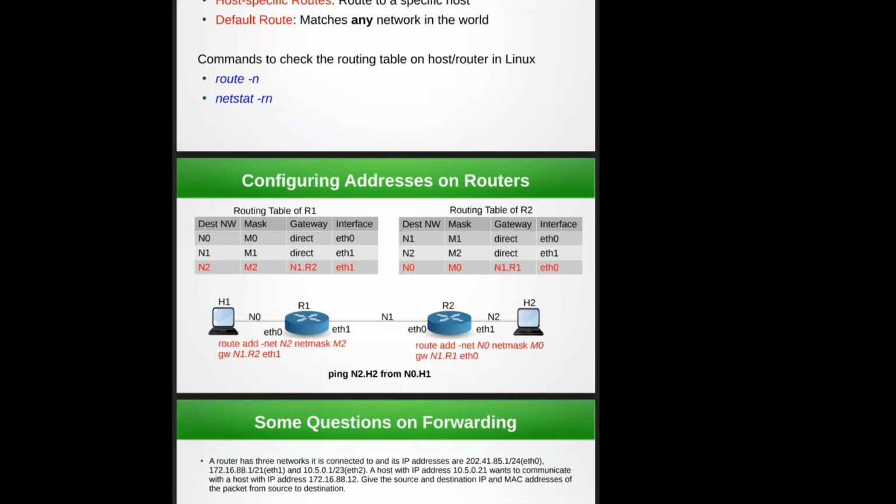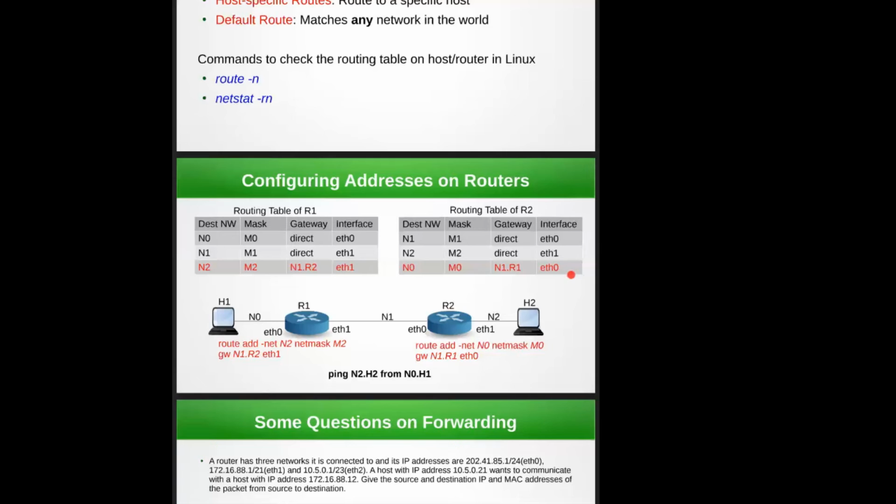So I do a route add command of this sort, which gives the third entry in router R1. This entry basically comes from the command that I have added on R1. When I add this command on R2, I get this entry.